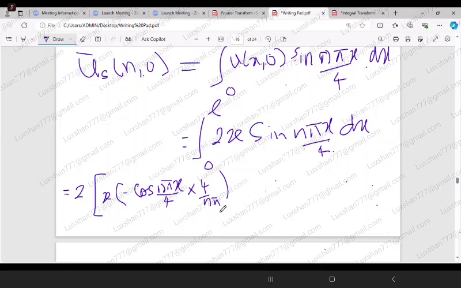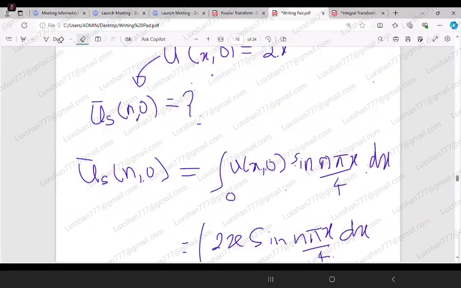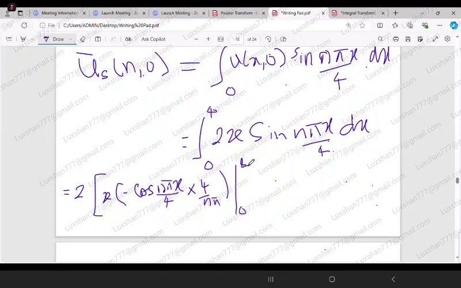Okay. So I want to put 0 to L. So actually my L is 4 now. My L is 4. So I will put minus 4 minus differentiation of x is 1 and integration of this one is actually sine, but already there is a minus.